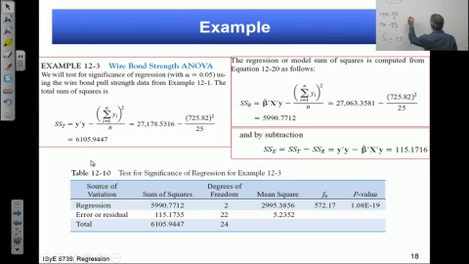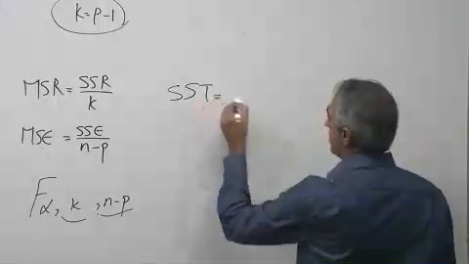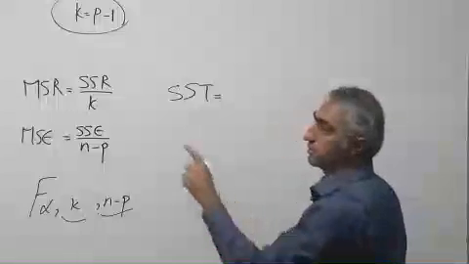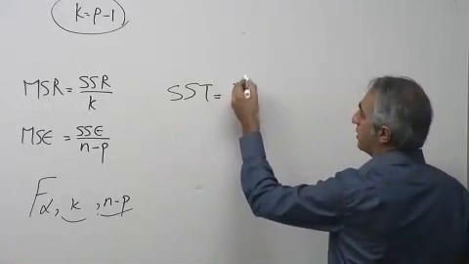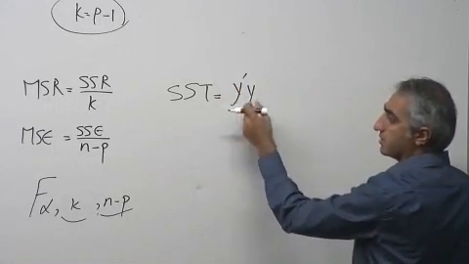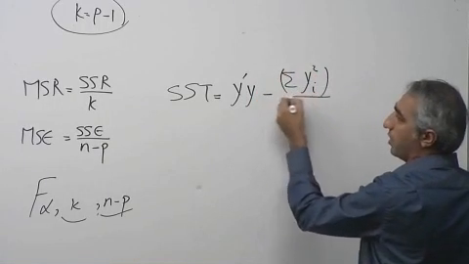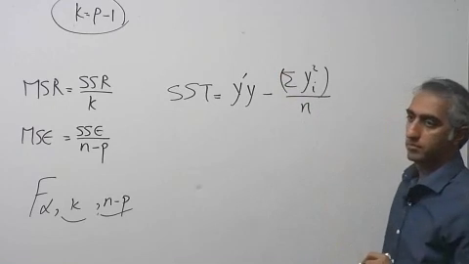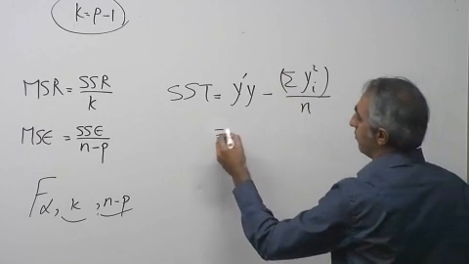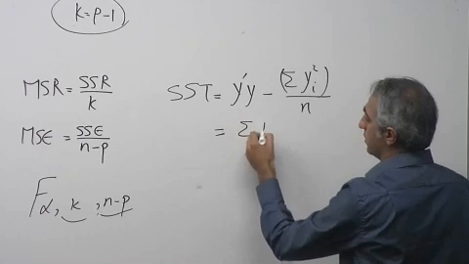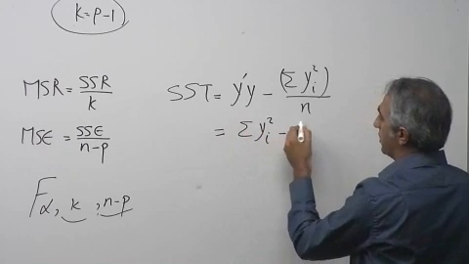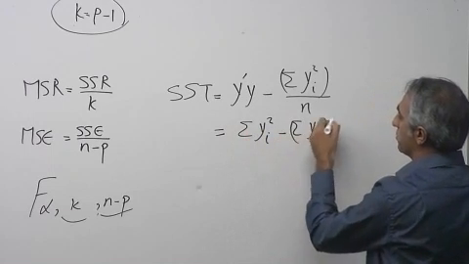So these are the equations. SS of total, as you can see, over there is y transpose y. This is the vector. Minus summation of yi squared divided by n. Or, if you don't want to go vector-wise, it should be summation of y squared minus summation of y squared divided by n.